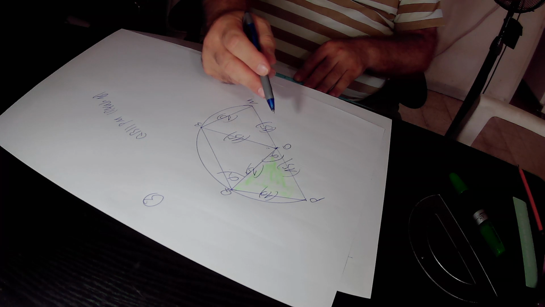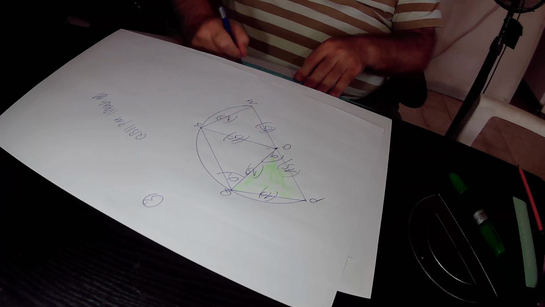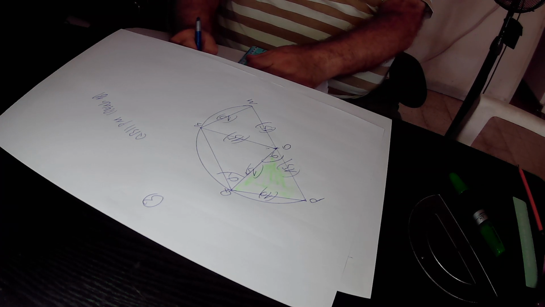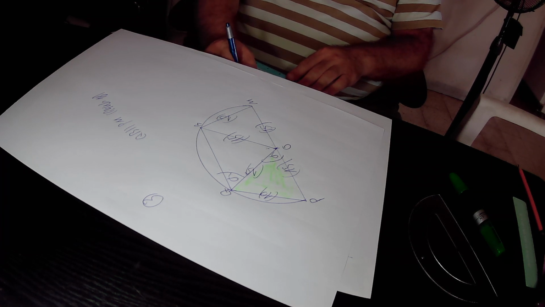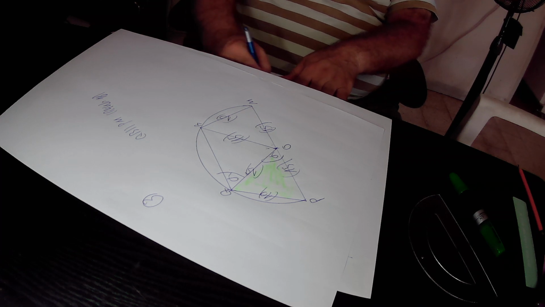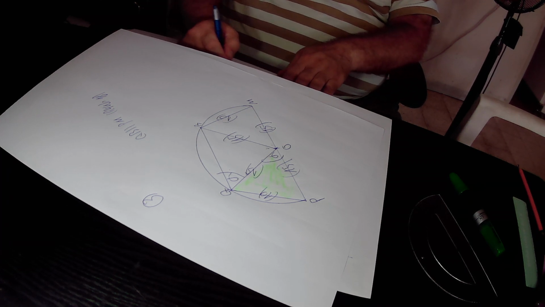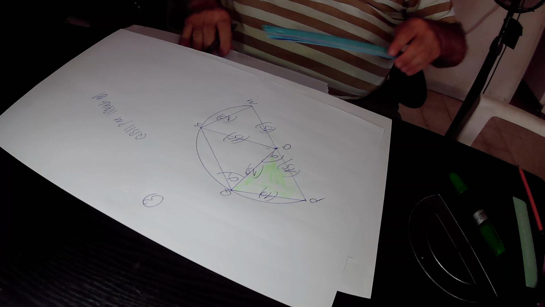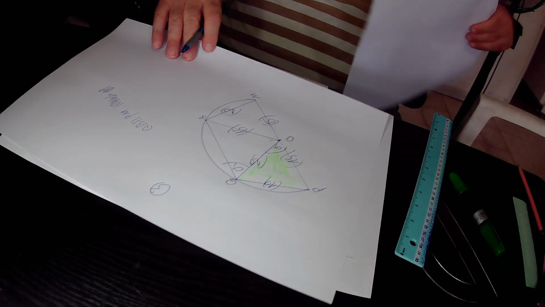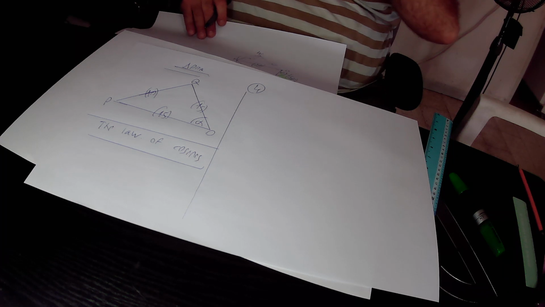This is angle alpha. So finally, this is the grand triangle POQ.